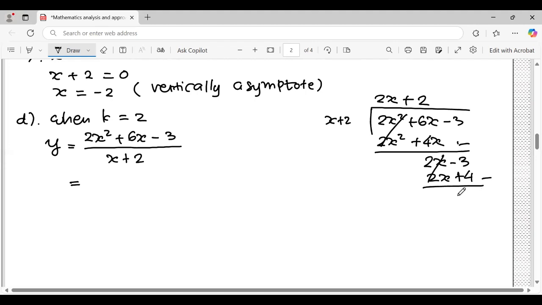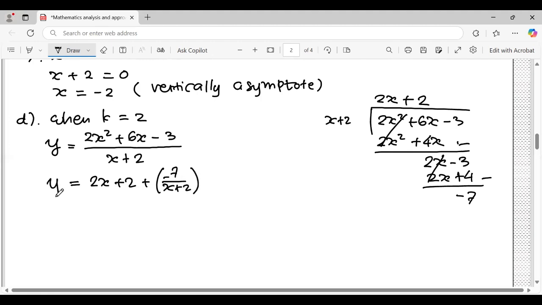Minus, this is minus 7. So the result is 2x plus 2 plus minus 7 over x plus 2.